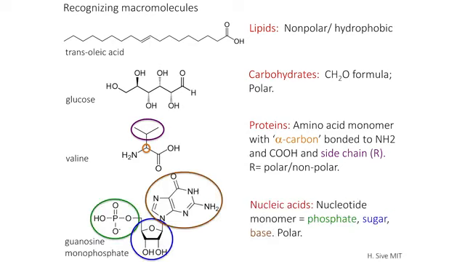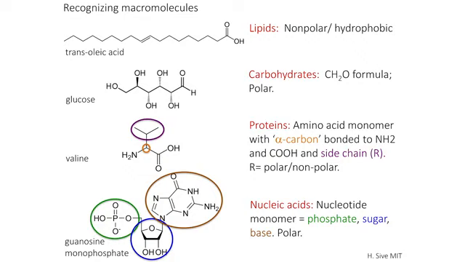And finally, the nucleic acids. Complicated. The way to start is look for a phosphate group. If you can find a phosphate group, it may be a nucleic acid. If you can find a phosphate group attached to a sugar, and you know sugars have got CH2O formulas, then you are on the right track.